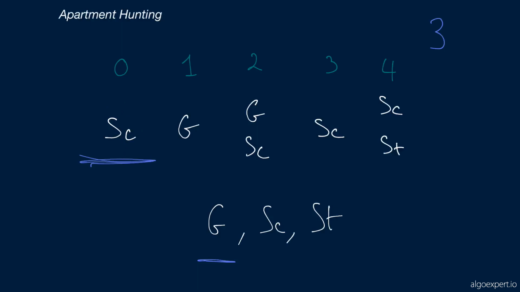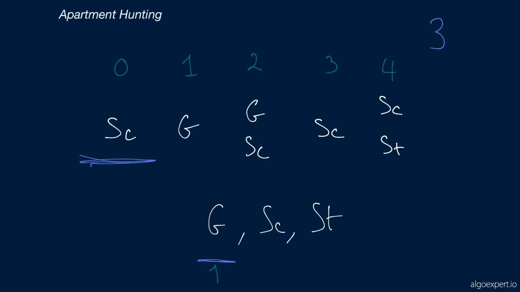So here we would iterate again through all of the blocks, and we would clearly see that the gym at index 1 is the closest gym to index 0. So it is 1 block away. And so we would write that down here, 1 block away.